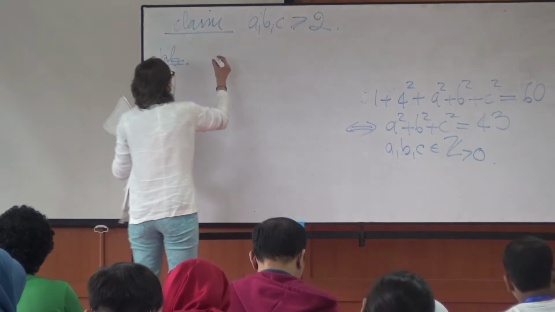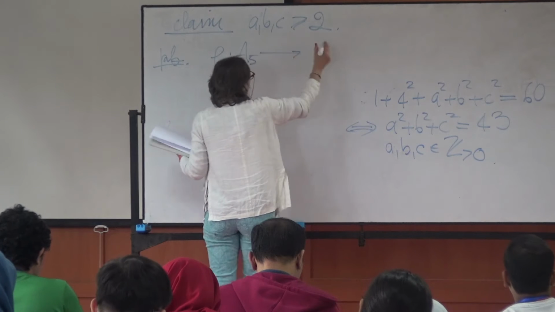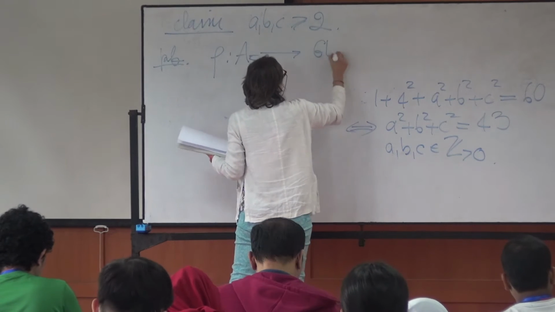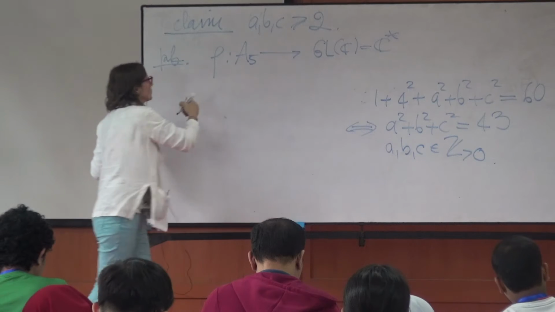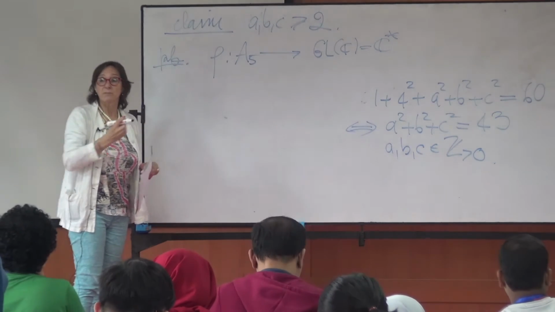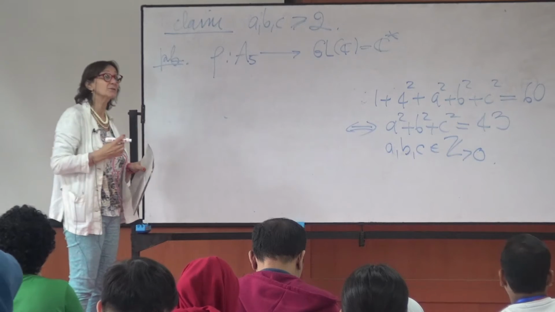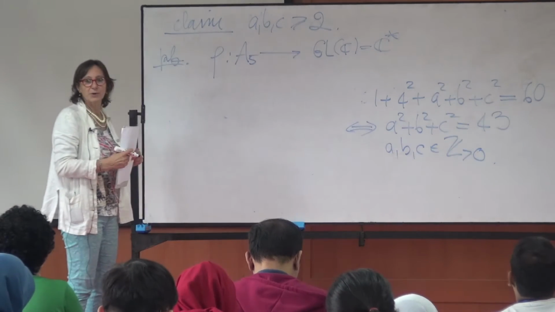Let rho be a homomorphism from A5 to GL1(C), which is C star. So we have a homomorphism from A5 to an abelian group, and so it must factor through the commutator subgroup.